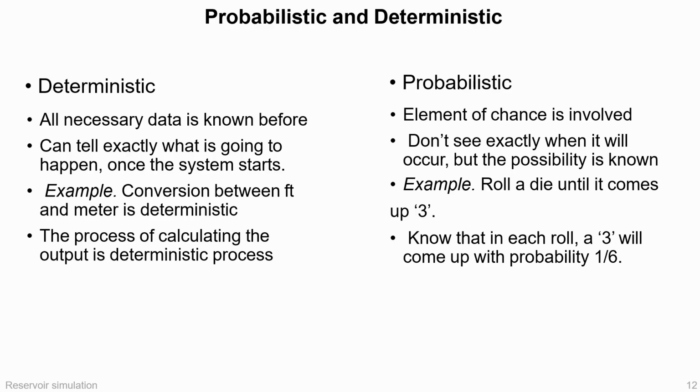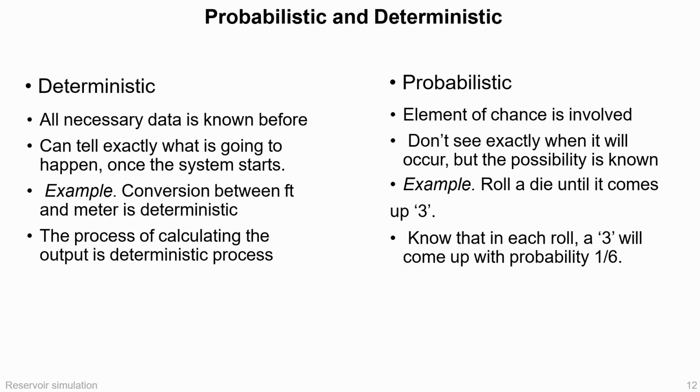The output is fully defined. A probabilistic process includes chance. You may know the probability of an event, but not exactly when it will happen. The example here is rolling a die until a 3 appears.